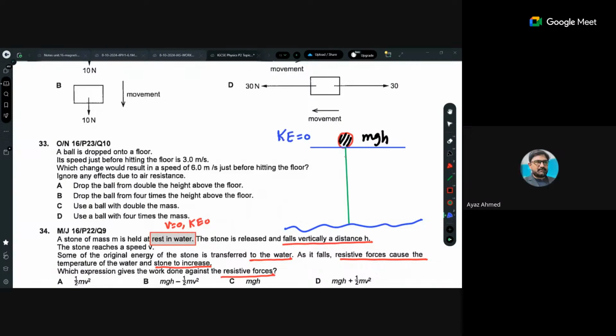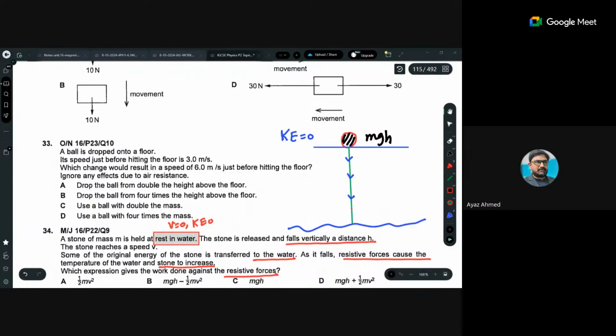When it starts moving down, it will get kinetic energy. Let's say at this time its velocity is v. If it has velocity v, it will have kinetic energy equal to 1 by 2 mv squared.